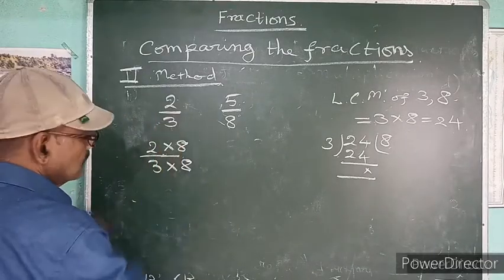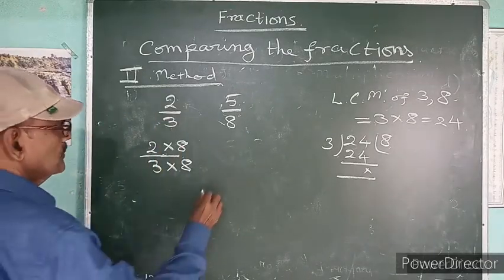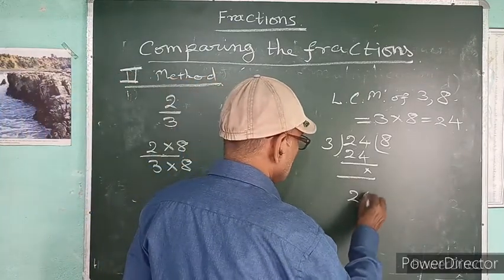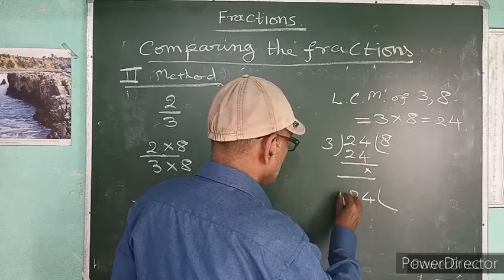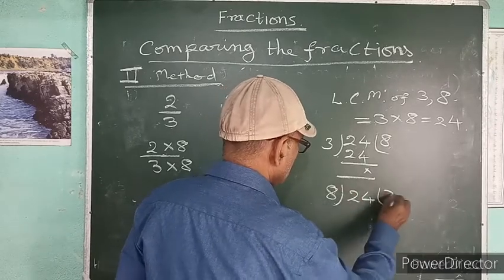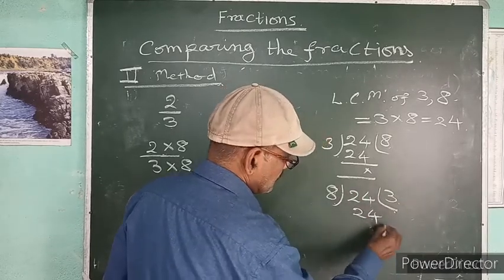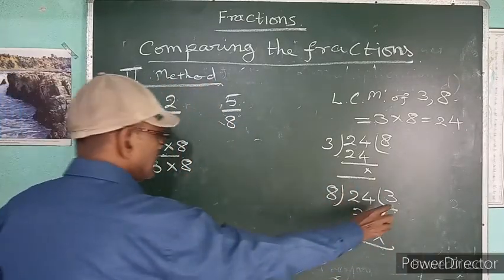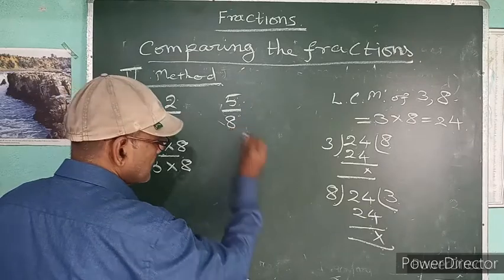Then it will be an equivalent fraction. And for this also, divide 24 by 8. 8 threes are 24. So multiply numerator and denominator by 3.